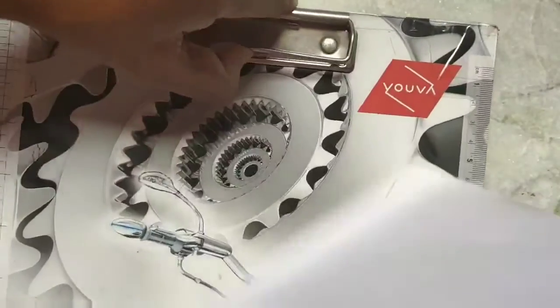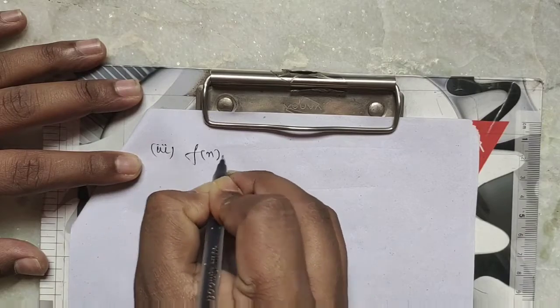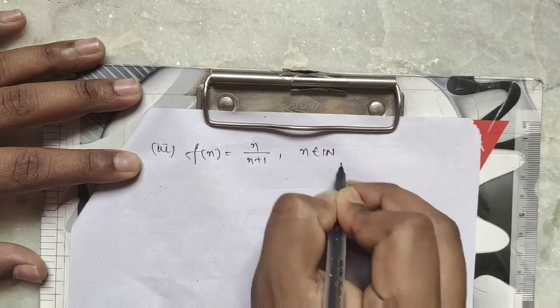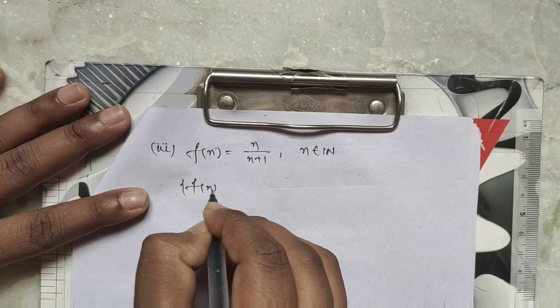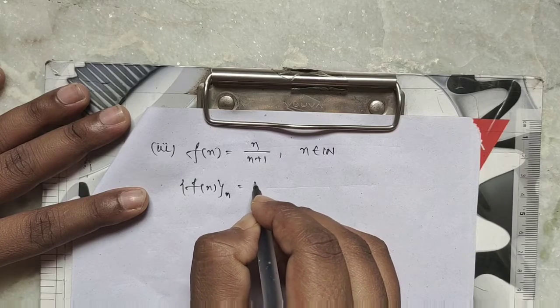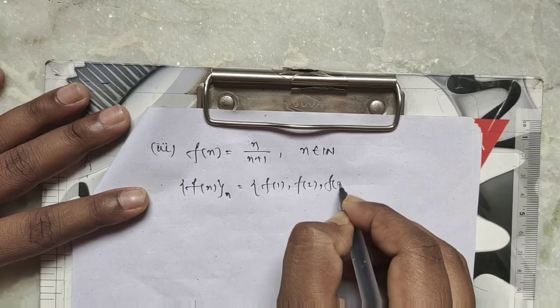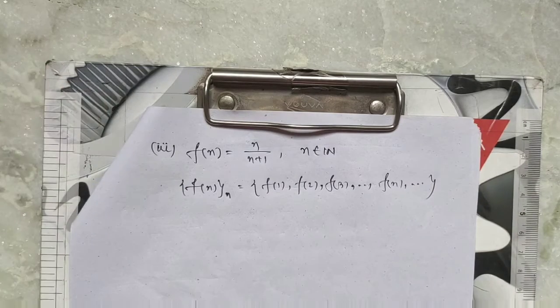Another example is f of n equals n by n plus 1, n belongs to N. So this sequence is f of 1, f of 2, f of 3, f of n, and so on.